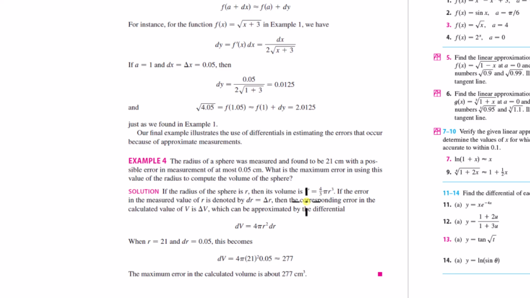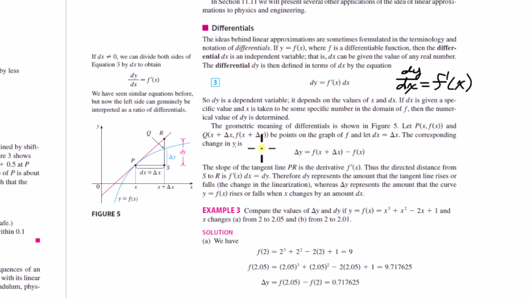As far as the differentials, we're just looking for dy. That's what they're asking, right? The maximum error, like, what is the maximum volume error? So we're just looking for dy, right? If we come here, that question is just asking us for dy. That's all it wants.